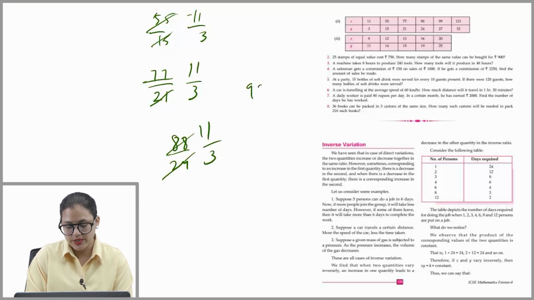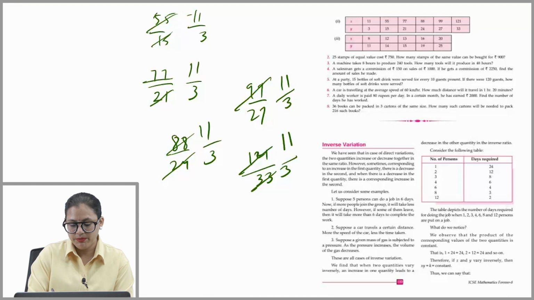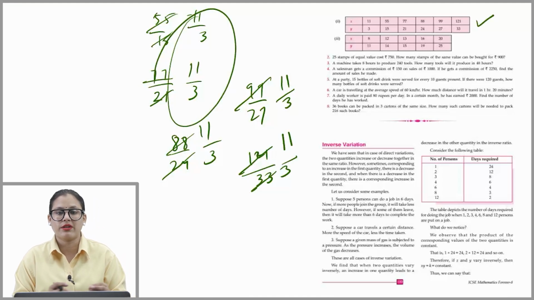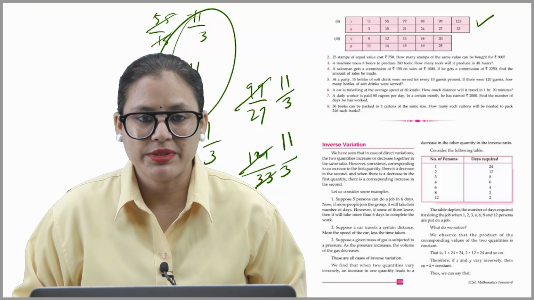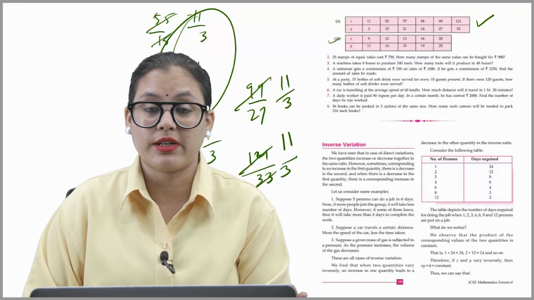Then 99 by 27: 9 ones are 9, 9 threes are 27. And 121 by 33: 11 ones are 11, and 3. So 11 by 3. So in this table, x and y vary directly, right? Similarly, you will find out whether the other tables vary directly or not.